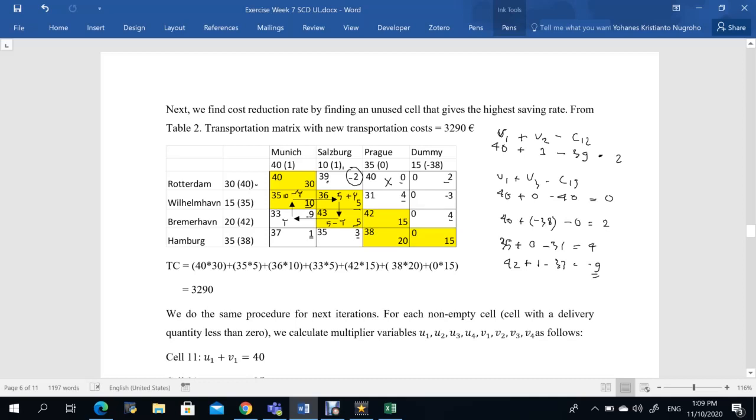Because if we move 5 units from this cell to this cell, then it should be minus y. Y is the moved quantity from this to this.